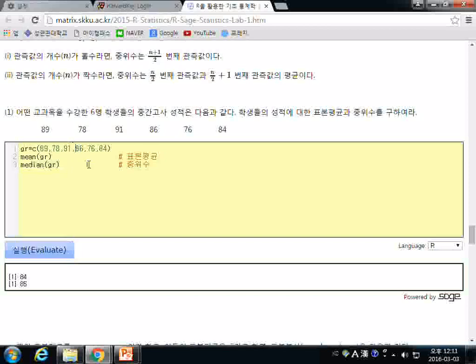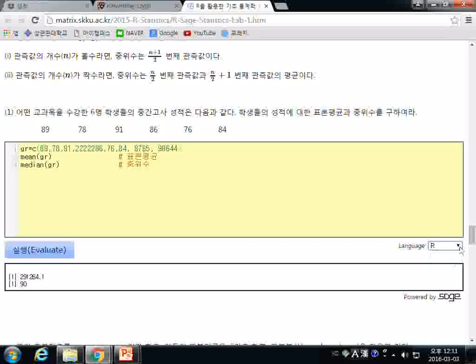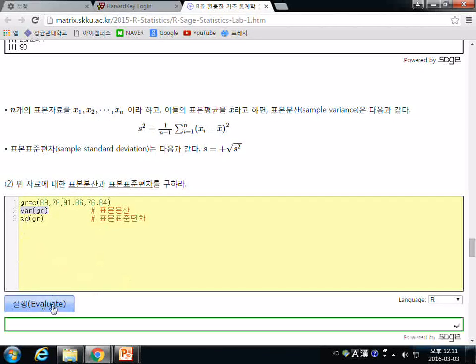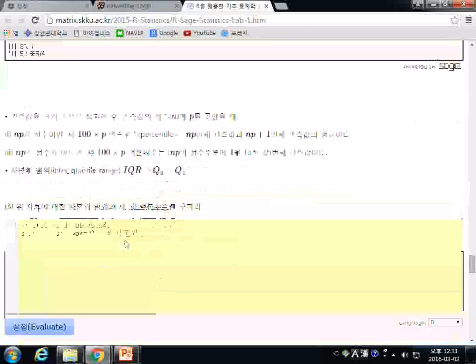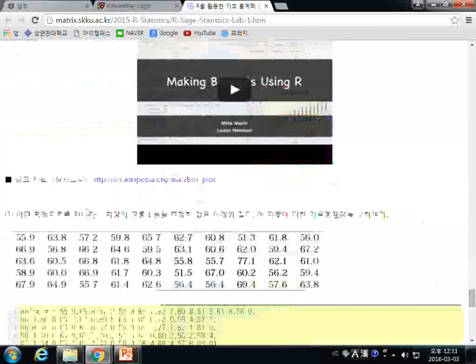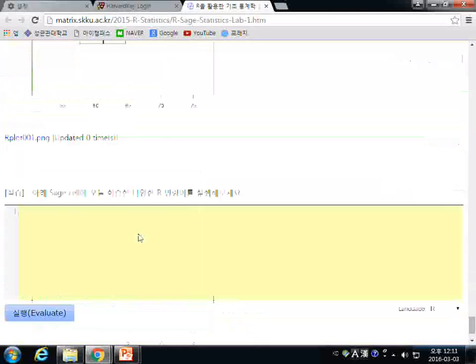If you have different data, you can also find the means and medians with R. We can find the variance, standard deviations, and quantiles.